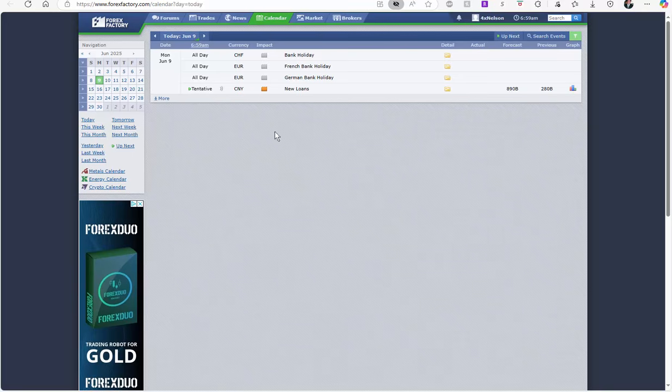So holiday, no holiday, the market is moving. Now the Forex pairs may move a little bit slower, but the futures and indexes, as you can see, are not only tradable, but still giving a lot of ticks.